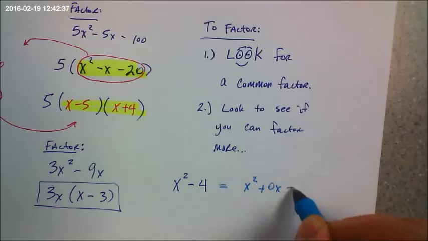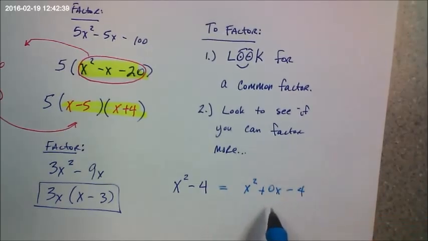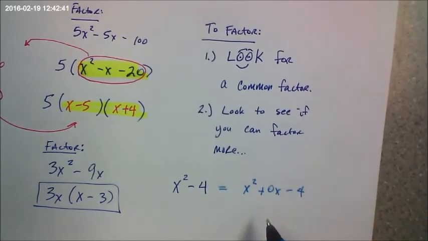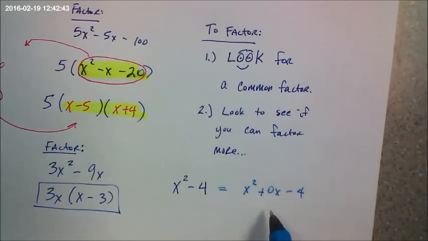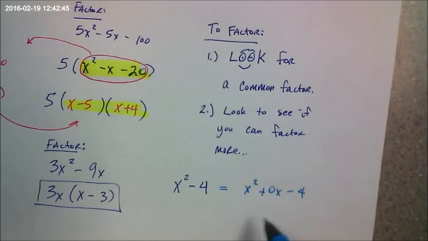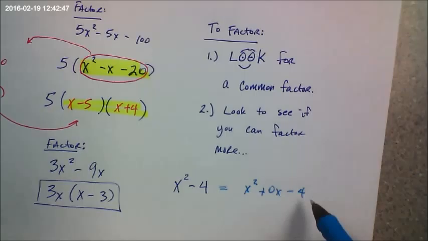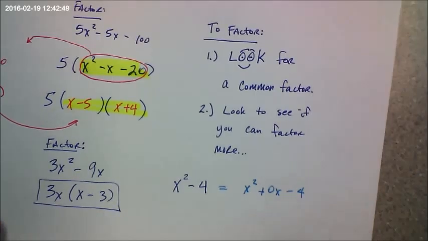This isn't a step, but it's what you should realize. There's really a 0x right there. Then I'm just looking for two numbers that multiply to -4 and add to 0. What would those be? So -2 and +2. That's it. Do you see how it works?